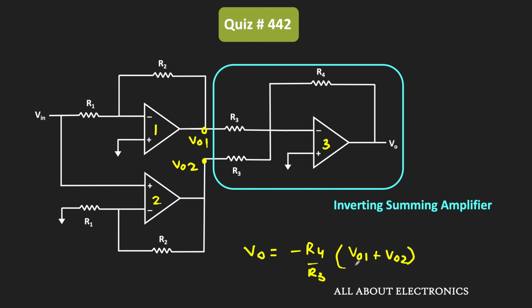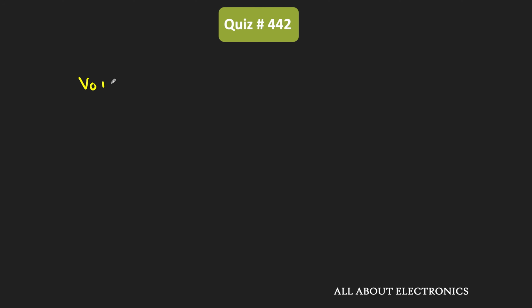Now we already know the values of the VO1 and the VO2. Earlier we have seen that this VO1 is equal to minus R2 divided by this R1 times Vin. And similarly, this VO2 is equal to this 1 plus this R2 divided by R1 times Vin.